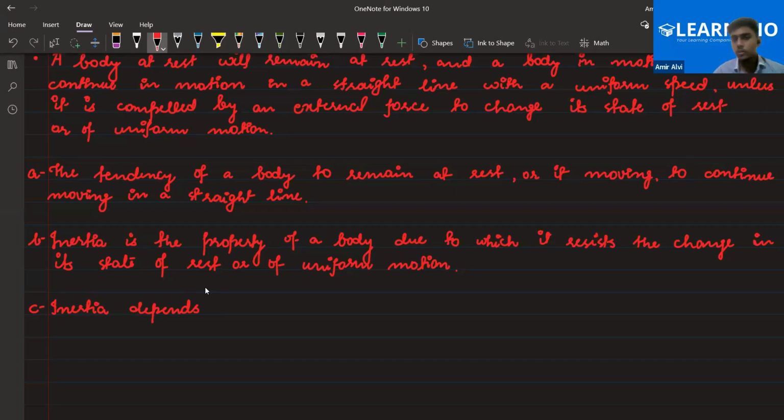If two bodies are there, which one has greater inertia and which has smaller inertia depends totally on the mass. So inertia depends on the mass.